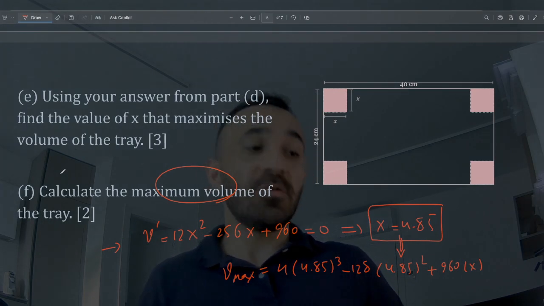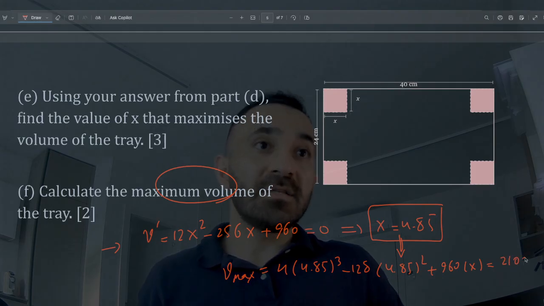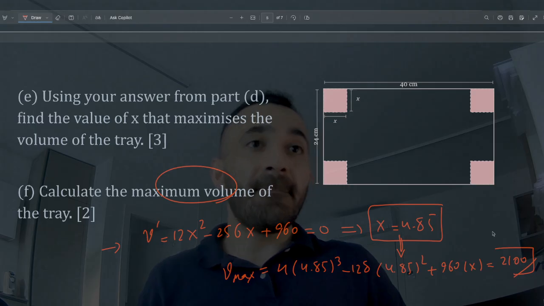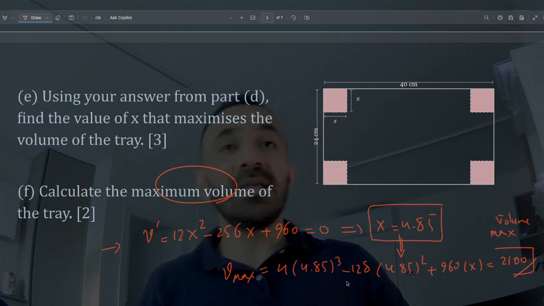If you want to give it in three significant figures, 2100 is the maximum volume you can have within this condition.